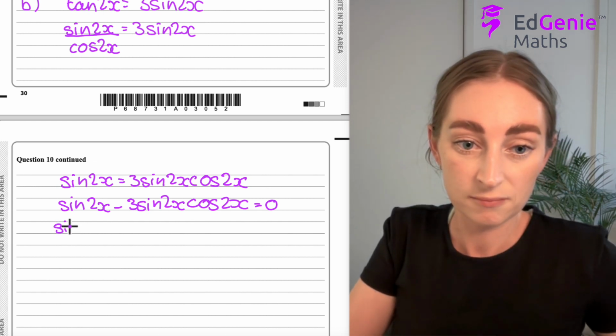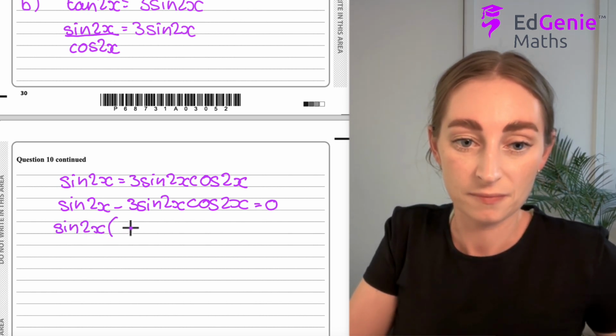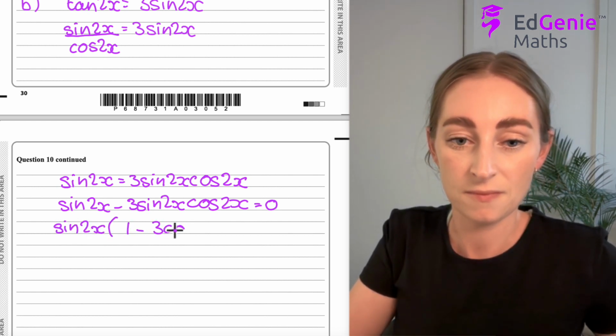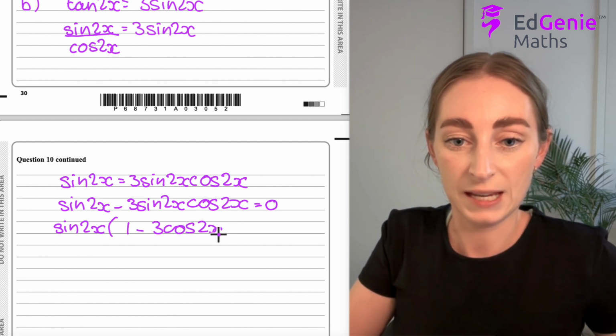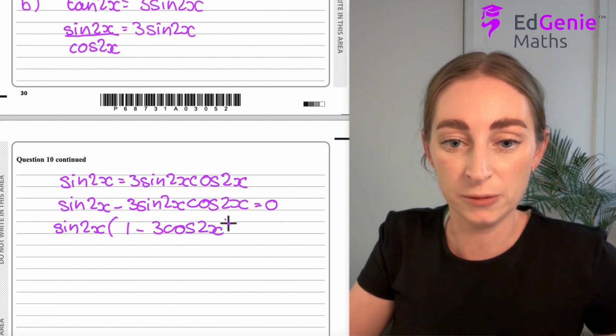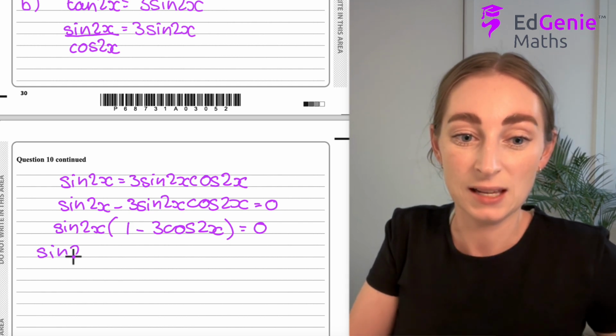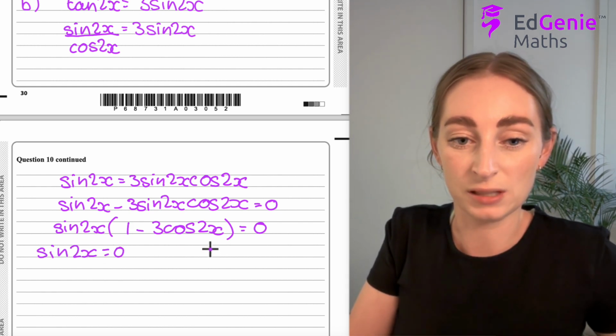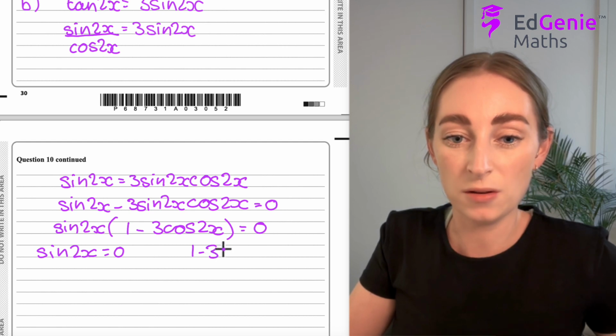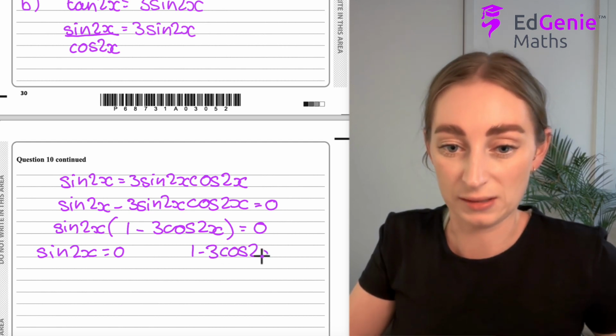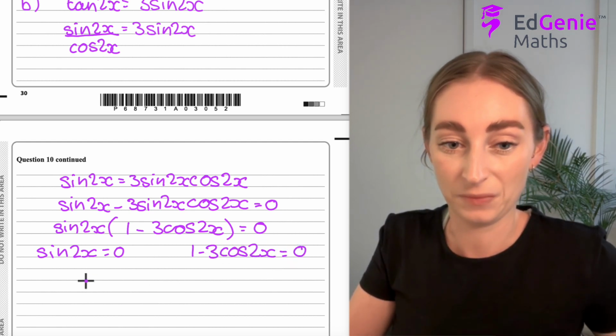Factorize it. So I've taken out a factor of sine 2x. And now what this means is sine 2x equals 0 and 1 minus 3 cos 2x equals 0.